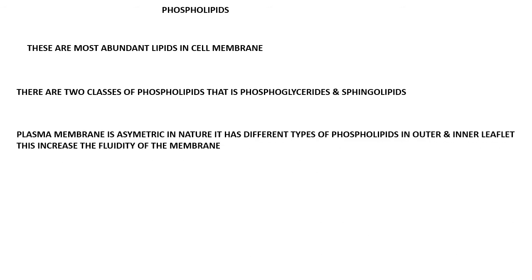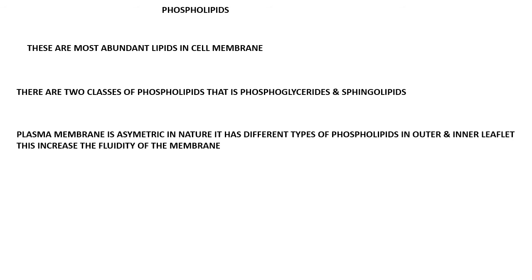Phospholipid forms the major portion of all the lipid present in the plasma membrane. It constitutes 70% of lipids present in plasma membrane. They are the most abundant lipid in the cell membrane. There are two classes of phospholipid, that is phosphoglycerides and sphingolipids. Plasma membrane is asymmetric in nature.